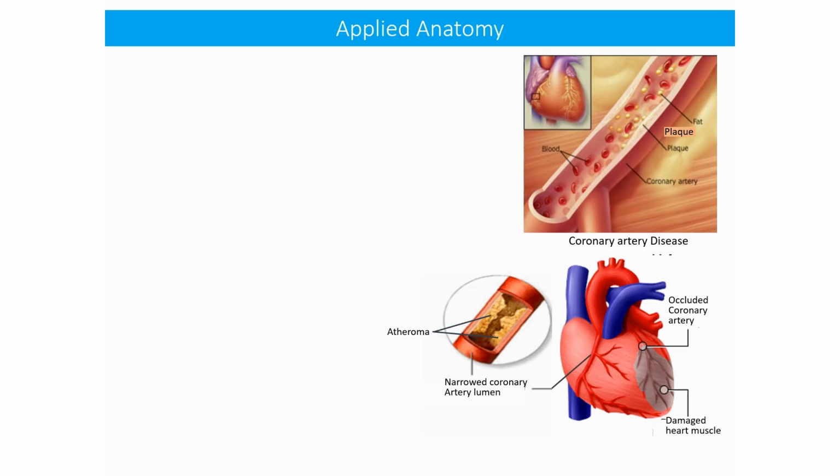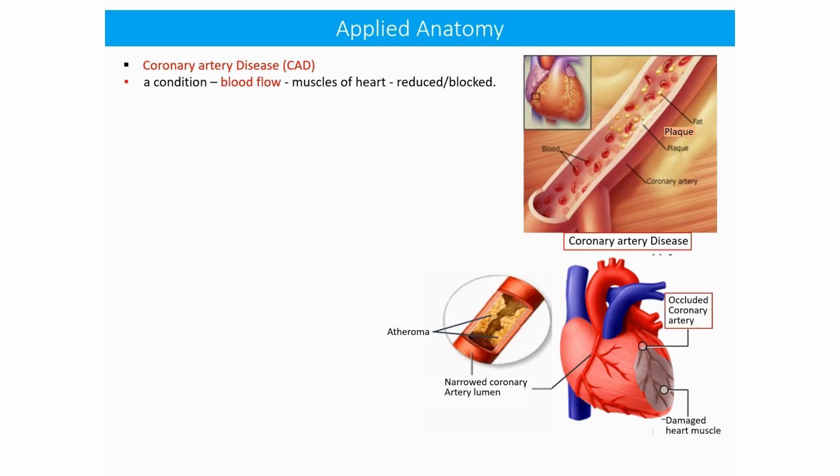Now we come on to the applied or clinical anatomy. First, the CAD or coronary artery disease. It is a condition in which blood flow to the muscles of the heart is reduced or blocked, which results in chest pain or heart damage and is usually caused by atherosclerosis.